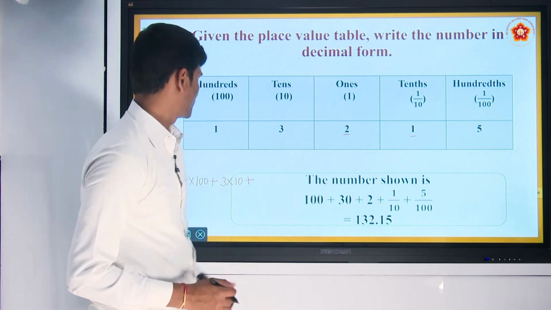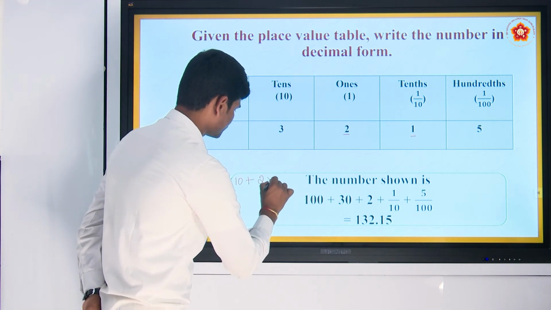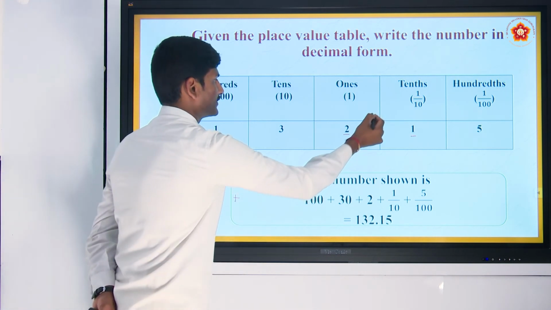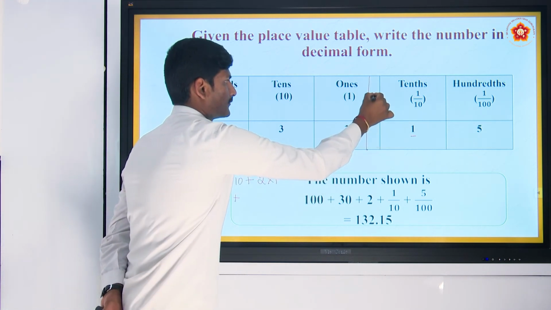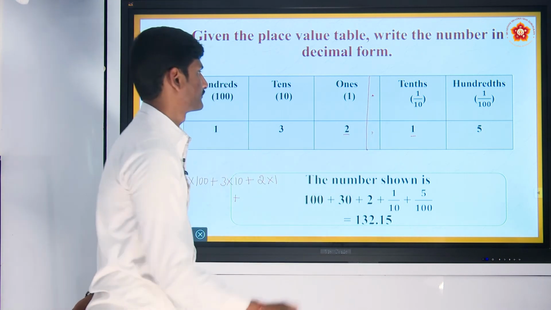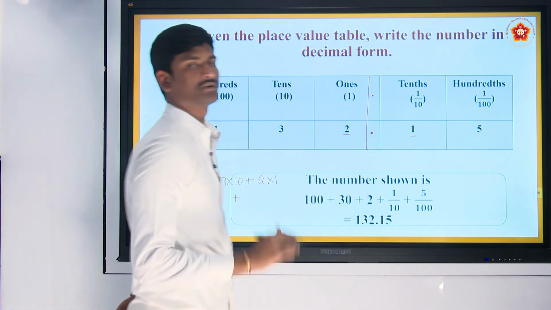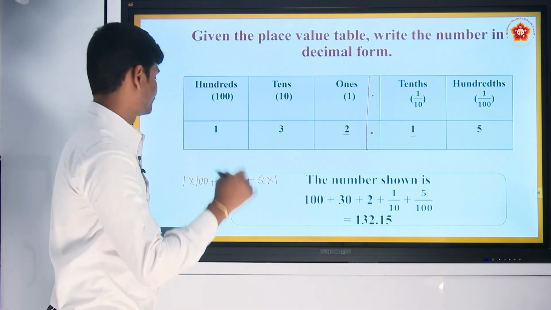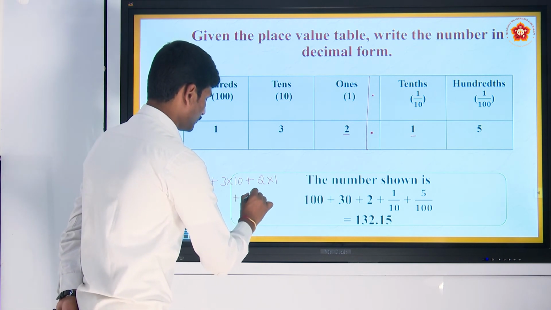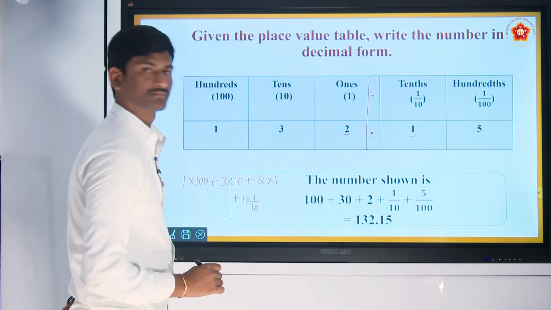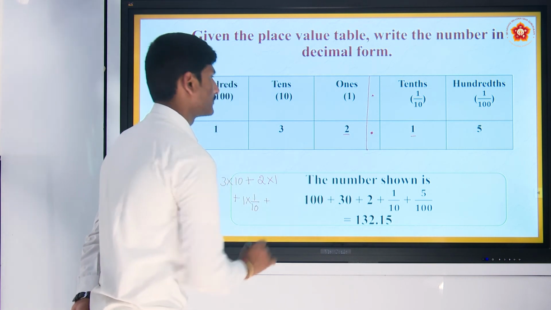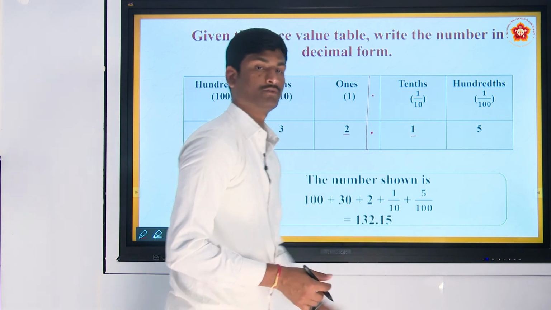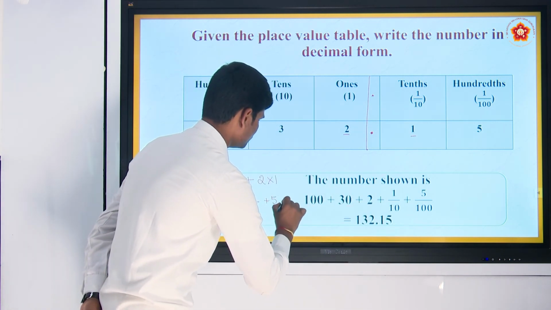Ones place, 2 into 1. Then after the decimal point, tenths place, 1 into 1 by 10, plus what is the hundredths place value? 5 into 1 by 100.